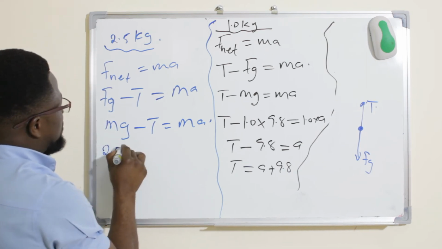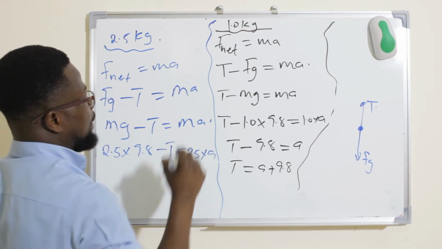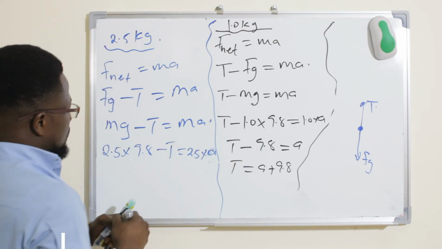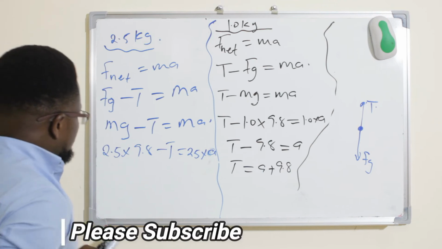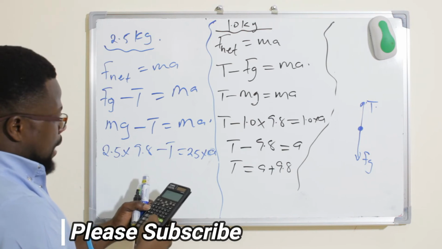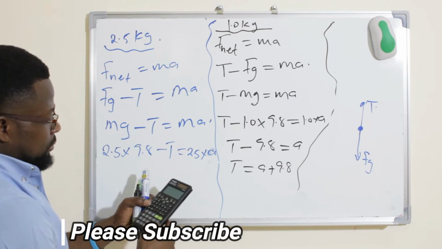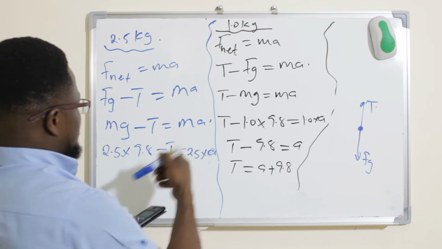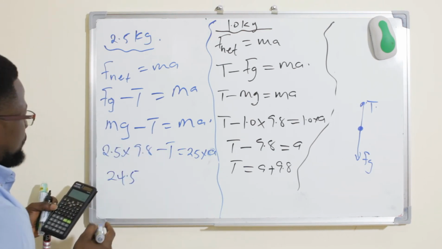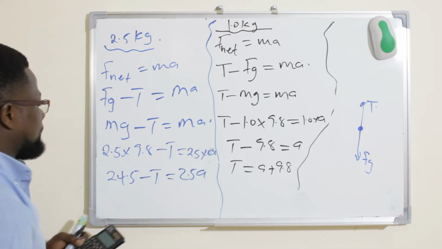So it is 2.5 multiplied by 9.8 minus T equals to 2.5 multiplied by A, which is the acceleration. So straightforward from here, I make use of my calculator and say 2.5 multiplied by 9.8, and what I'm having is 24.5 minus T is now 2.5A.